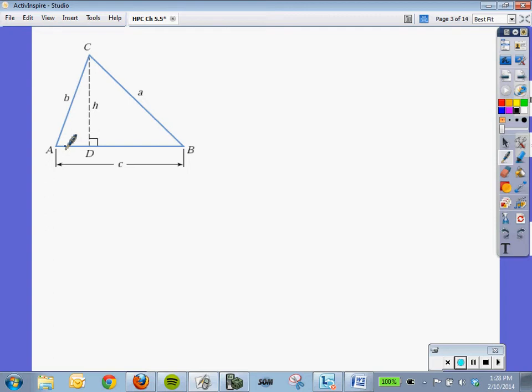And so what we're going to do is we're going to look at these two triangles within the big triangle, and we're going to take the sine of A and write what it's equal to for this particular triangle here. Sine is opposite over hypotenuse, so we can write the sine of A is equal to h over b.